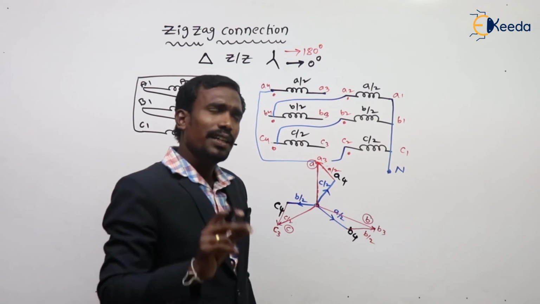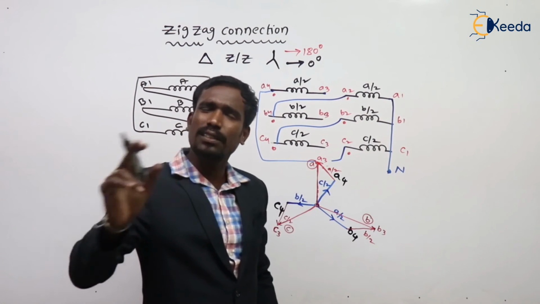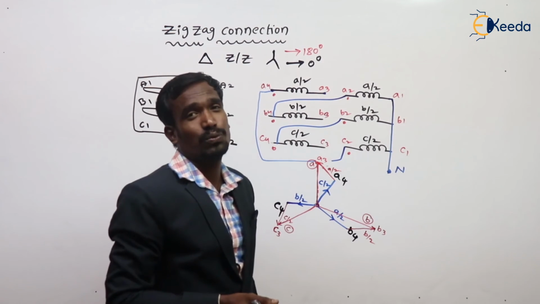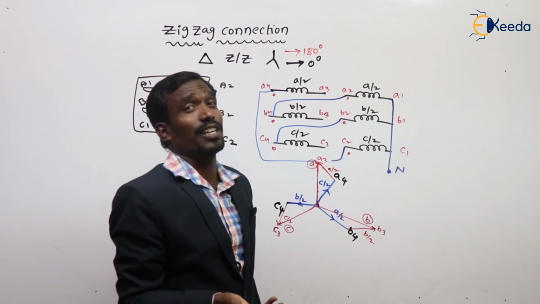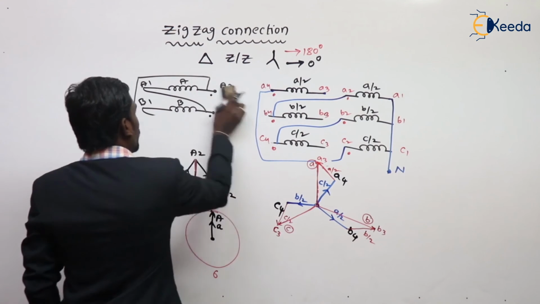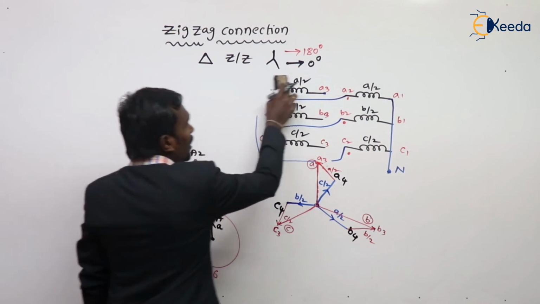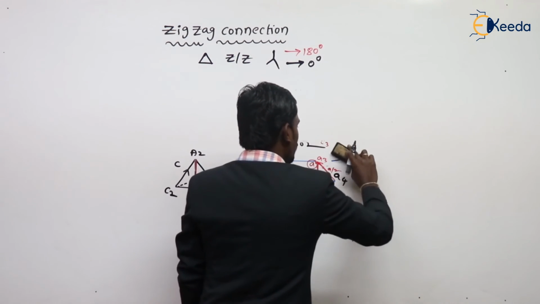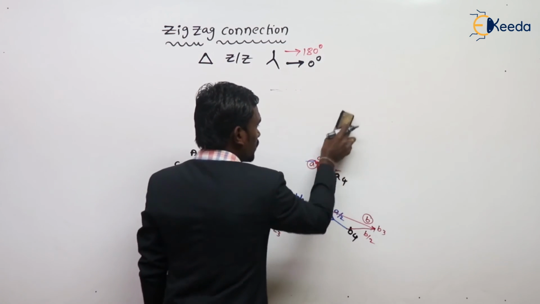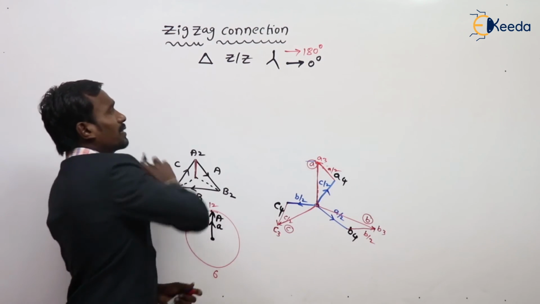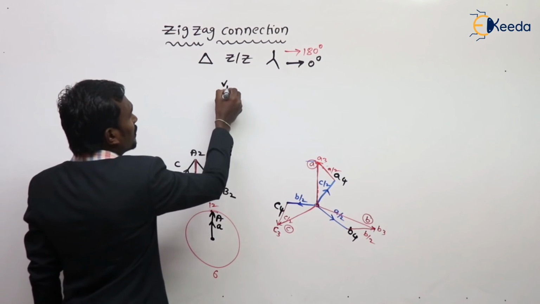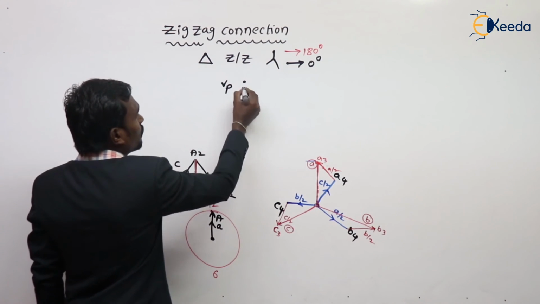And see here also the phase turns ratio is x is to 1, no doubt. But what is the line turns ratio? So let's check the line turns ratio for this. Here, line voltage of delta is equal to phase voltage.